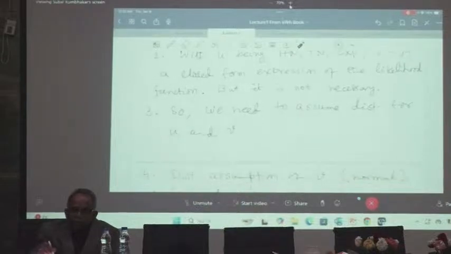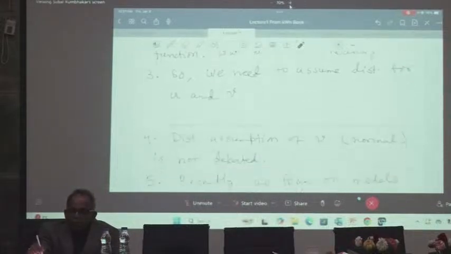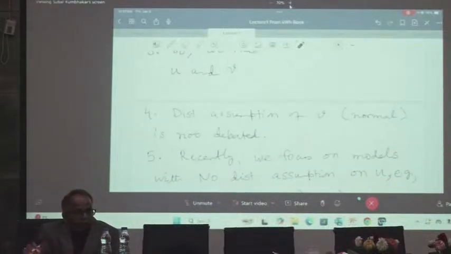What is necessary, based on what I did so far, is that we need to assume a distribution for U. Now, the distribution of V is not debated. Why is that? Because it's a kind of noise, and if noise is distributed normally, usually they don't complain. But the complaint is mostly about the distribution of inefficiency.